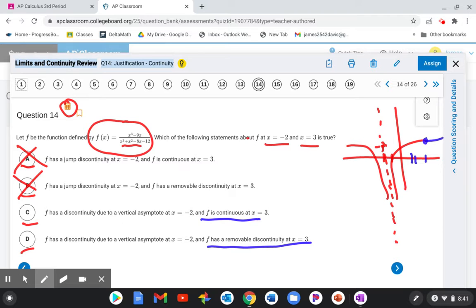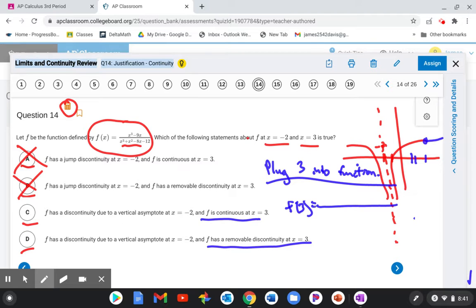How we're going to do that is simply plug 3 into our function, and specifically the denominator. So if I were to do f of 3, and really I just want to look at the denominator, I would get 3 to the third, which is 27, plus 3 squared, which is 9, minus 3 times 8, which is 24, minus 12.